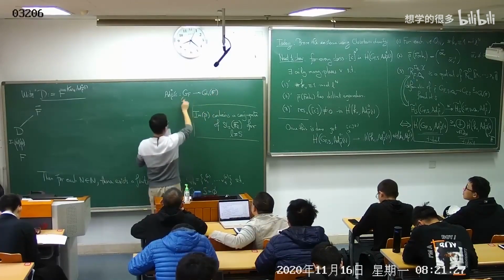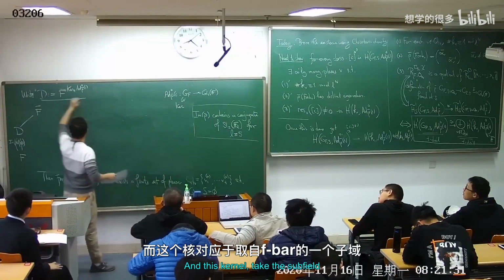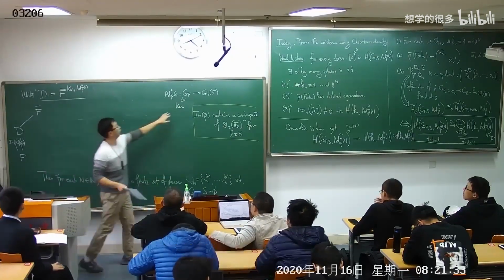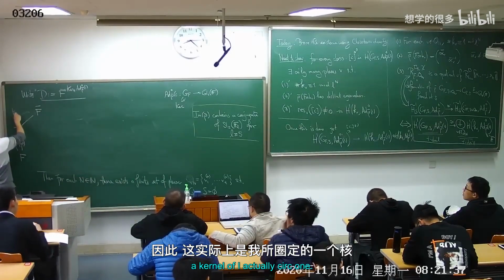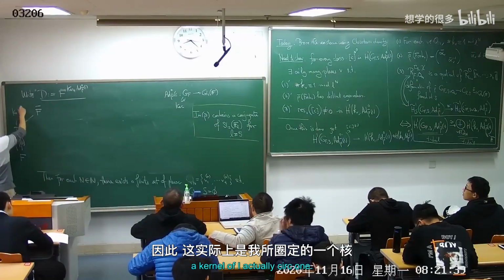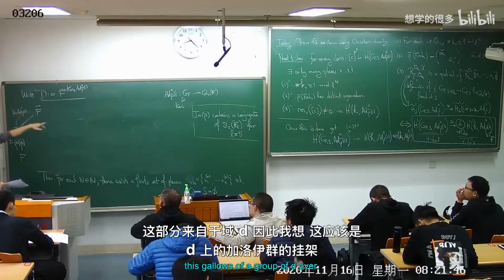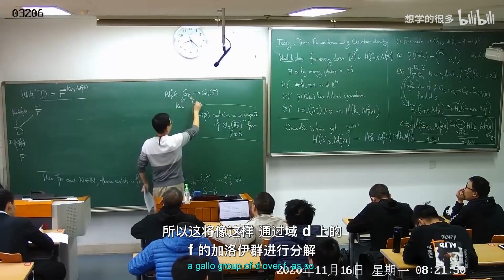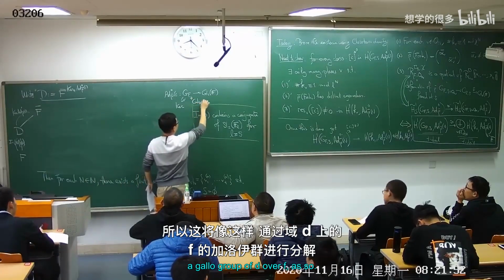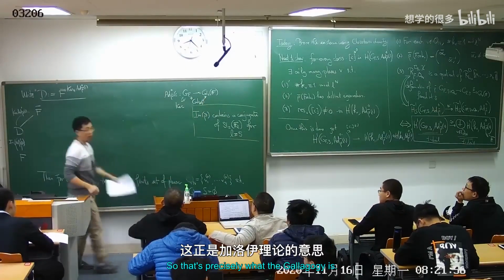This has a kernel. And this kernel, you take the subfield of F bar fixed by this kernel. So this is the kernel of adjoint circ rho bar. And this cuts out the field D, such that this Galois representation will factor through the Galois group of D over F. Okay, so that's precisely what the Galois group is.